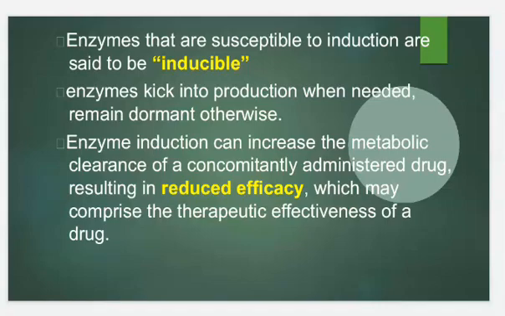Enzymes kick into production when needed, and remain dormant otherwise. Enzyme induction can increase the metabolic clearance of concomitantly administered drugs, resulting in reduced efficacy, which may compromise the therapeutic effectiveness of a drug.